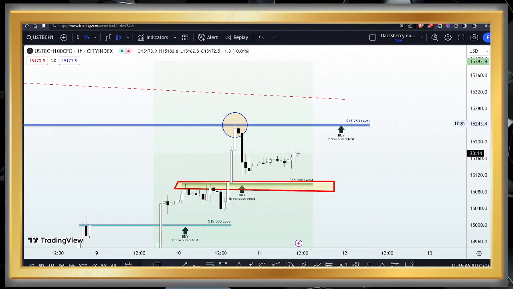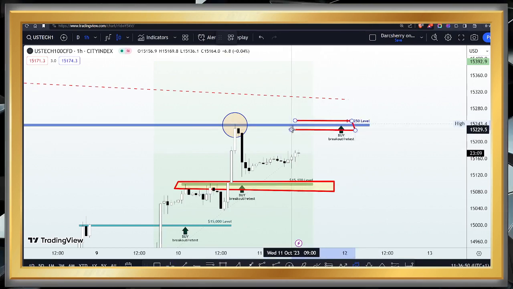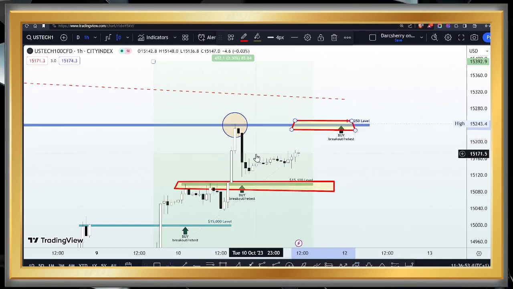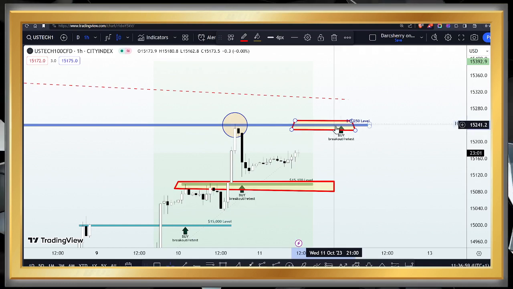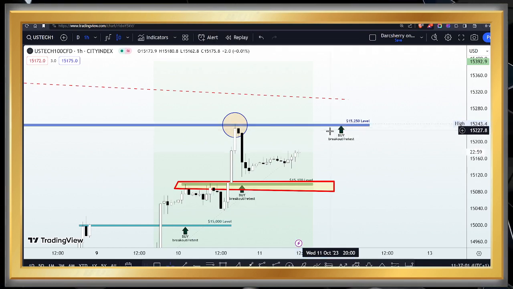So we can easily place a buy stop order above the 15,250 to join the uptrend scenario. And if it doesn't work, then we know that we are only risking some of the profit we made so far this week.